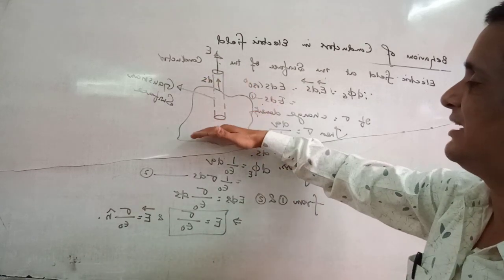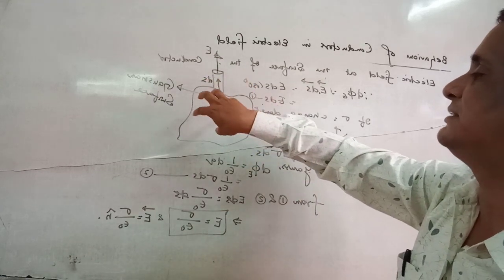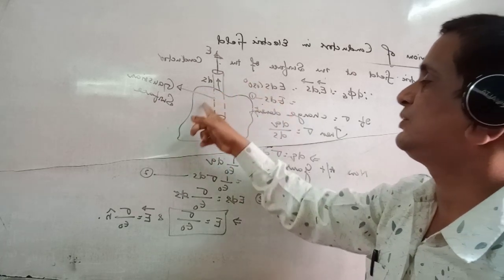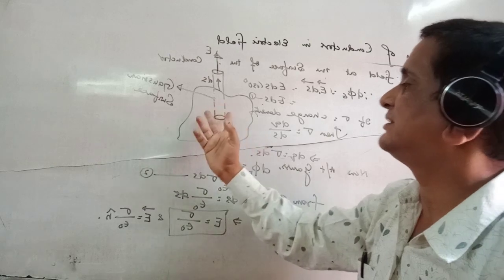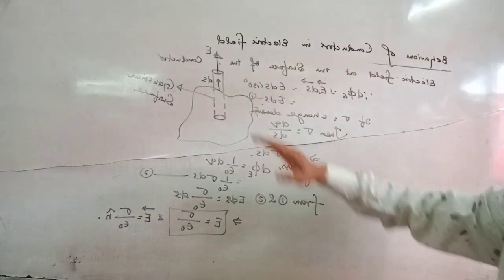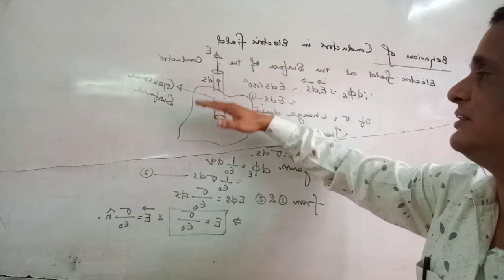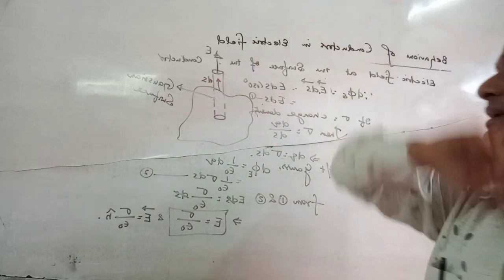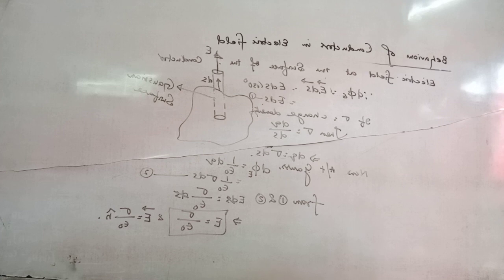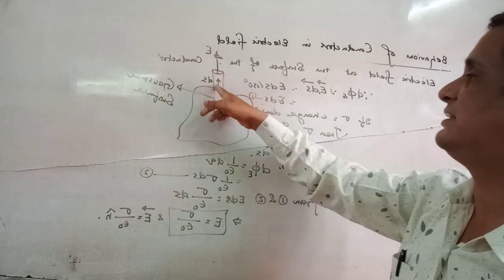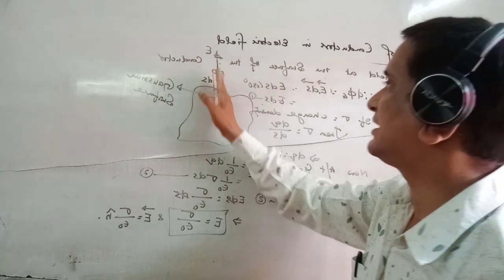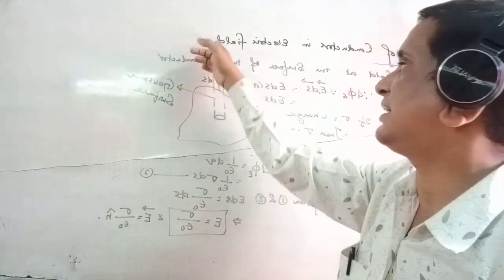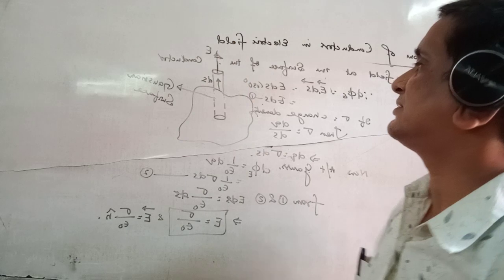As inside the conductor when it is placed in an electric field, the total charge and total electric field inside it is 0, so this part is out of consideration. But at this surface there is an electric field. Suppose it is directed outward, in this direction. So the area vector is also directed outward.